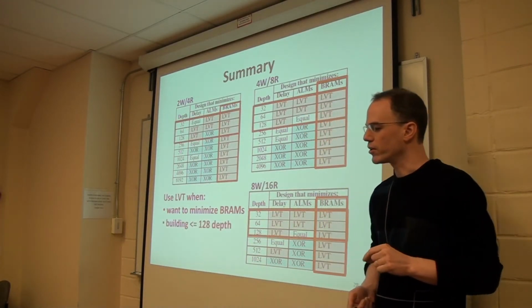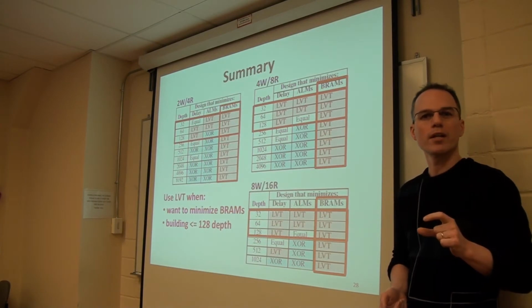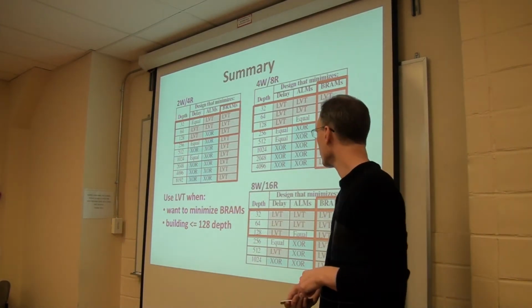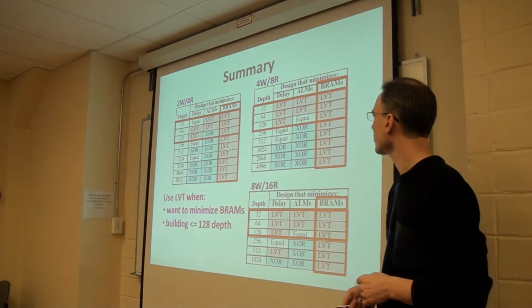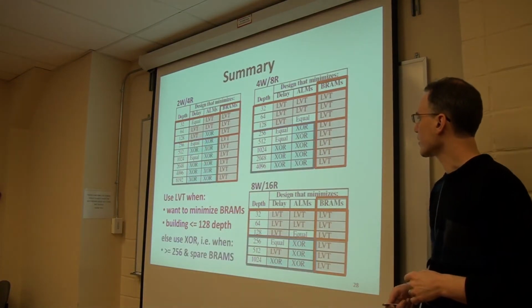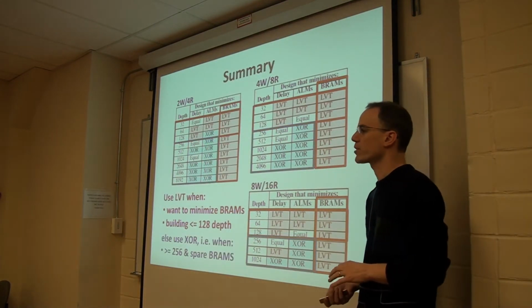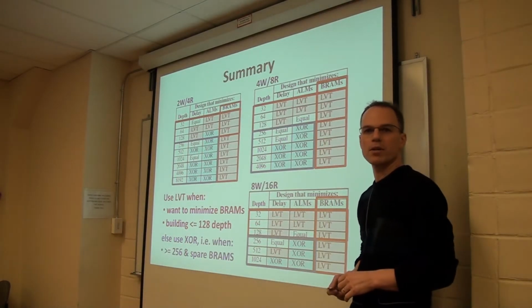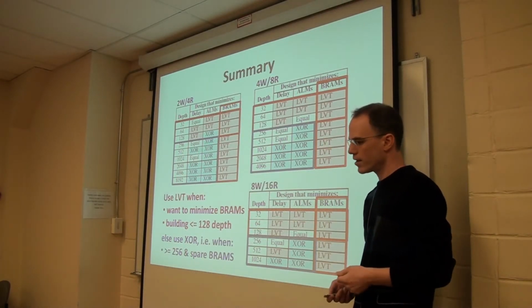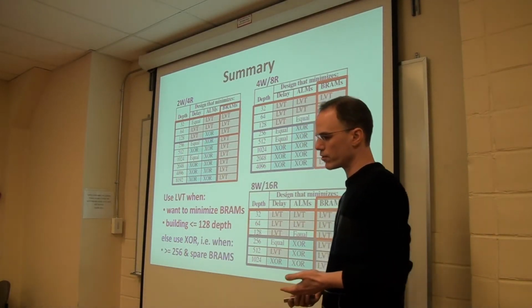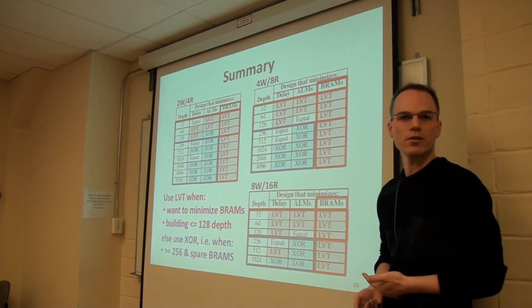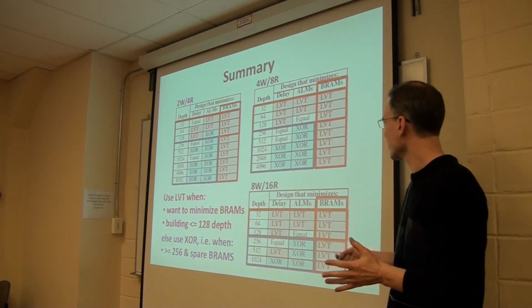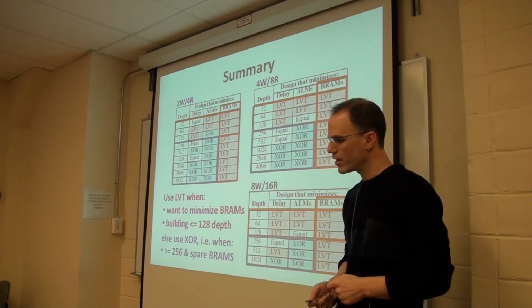Or if you want to build something which is 128 entries or less, then you probably also want to use the live value table design. And otherwise, the XOR design seems to be the best to use to minimize delay or ALM usage for designs that are 256 elements or larger. So that sums up most of the design space.